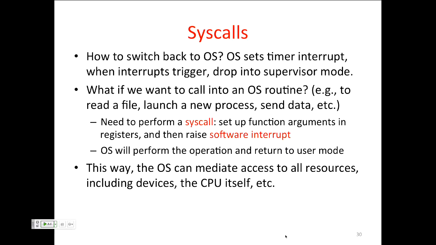So, for example, the operating system can say, I only want to give like 50% of the bandwidth to the hard drive to this application and 50% to this, so that you don't have one application that monopolizes this entire resource for itself. And you can do all that because all the syscalls are implemented under the operating system, and you have full control of what's happening there. Any questions about, yeah?